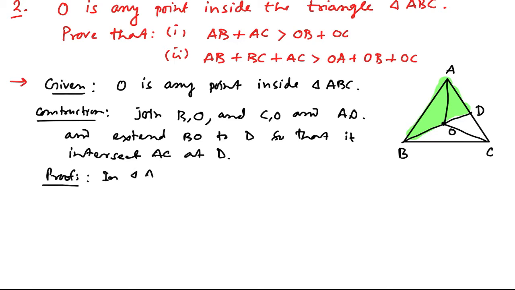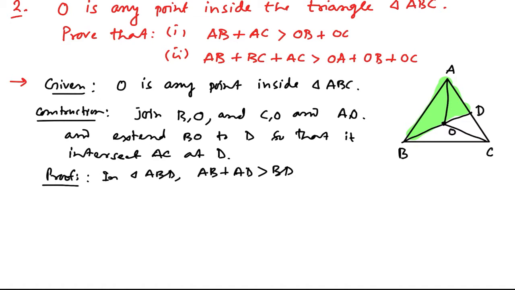In triangle ABD, AB plus AD is greater than BD. The third side BD is smaller than the sum of the other two sides, okay.